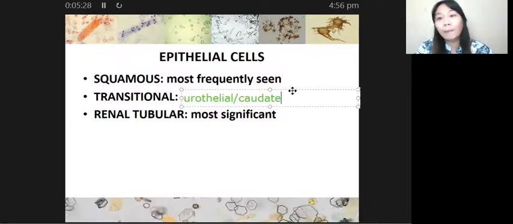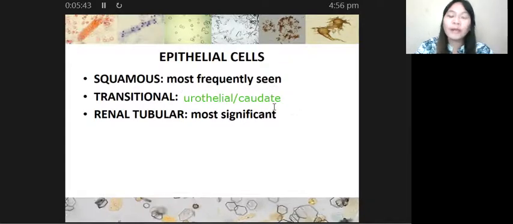So ang sabi po sa ating Strasinger na book, your transitional cells, it is the type of cell that is found in the urinary bladder as well as in the upper urethra. Okay? So ano yung ginamit nilang term in the recently concluded board exam? Ang ginamit po nilang term ay bladder cell.